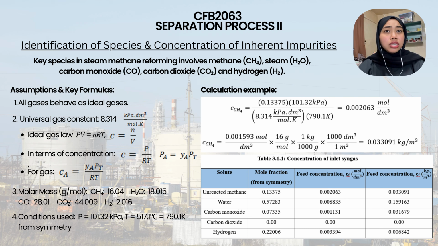This allows us to use the ideal gas law, which is PV equals nRT. For concentration, we can rearrange this to the fundamental equation, C equals P over RT. The example calculation is shown in the slide for methane, and it is repeated for other species with the same formula but different molecular mass.